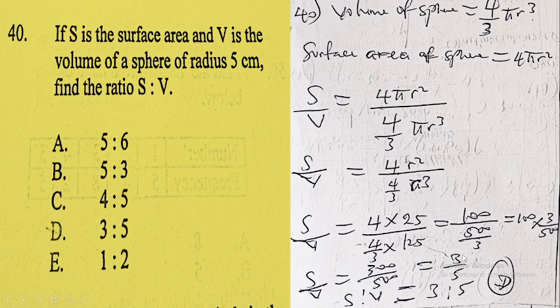Then 3 over 5 is what you have left here. Then that means surface area to volume will be 3 to 5. So that means option D is the correct option in question number 40 as well.